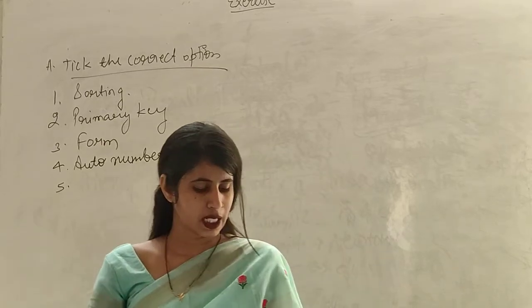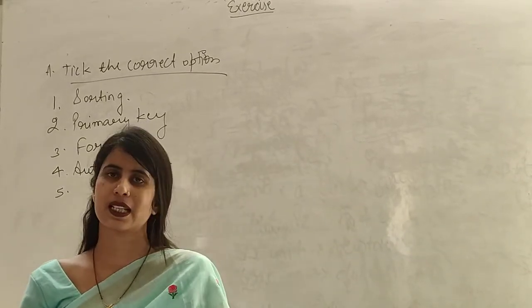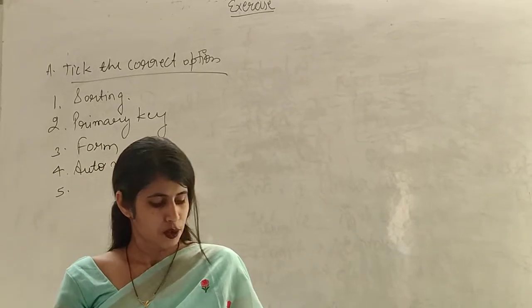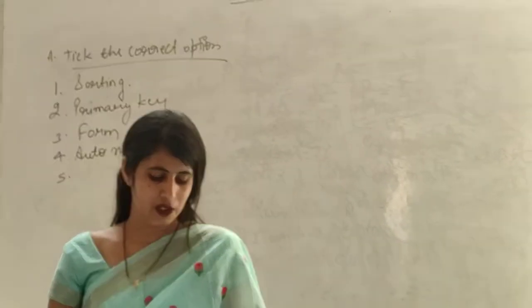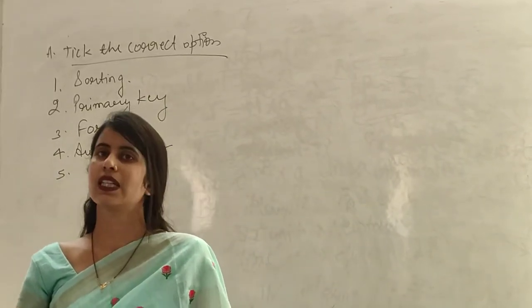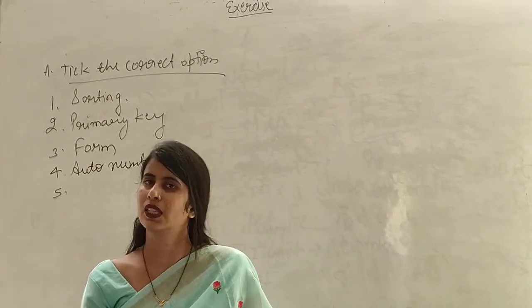The next question is, a table can be created by using. Means it is asking in how many ways we can create the table. The first one is design view, second one is datasheet view, third one is templates and the fourth one is all of these. We know that we can create a table in 3 ways.